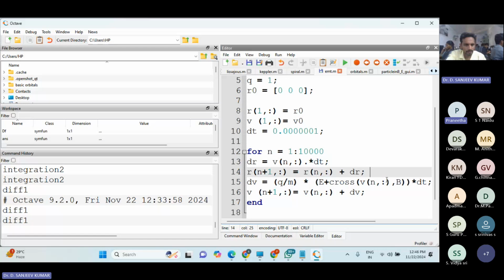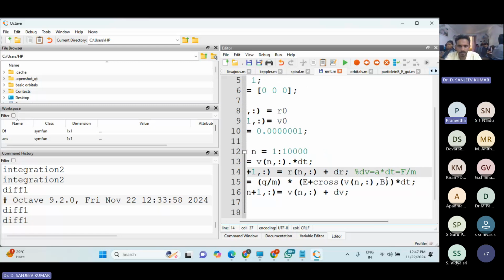So how do you do that? So dv is equal to a star dt and acceleration is f by m, force by mass star dt.